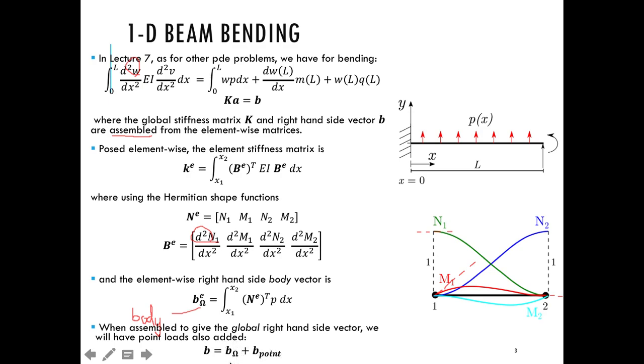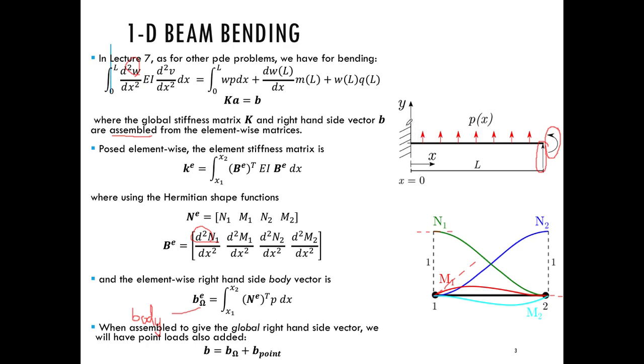And then finally we find our global right hand side vector by also adding together the effect of the point loads which may be acting on the beam. So for example, here I have drawn in a transverse force, which is a point load, and there is a point moment being applied right at the end of the beam.